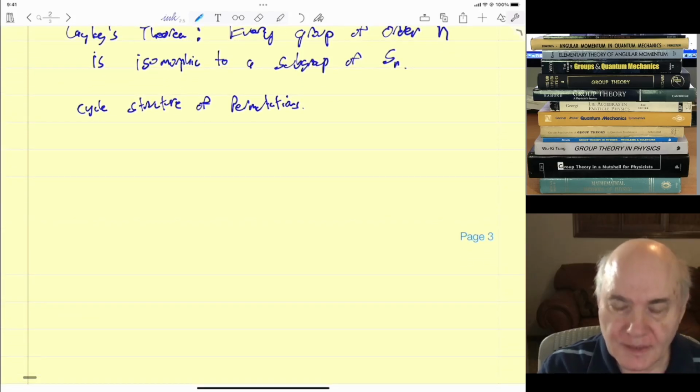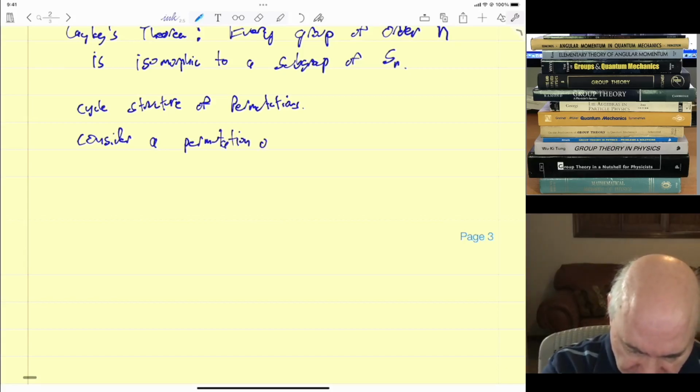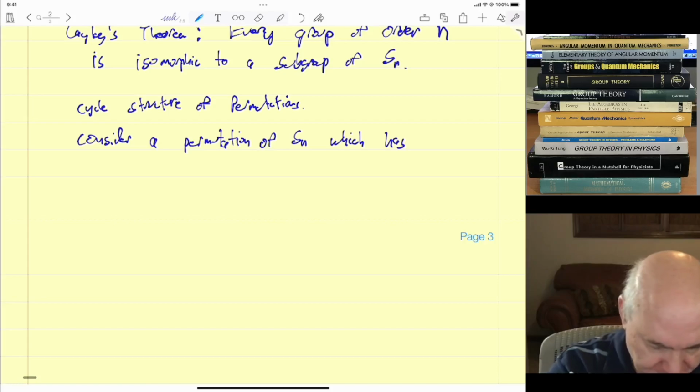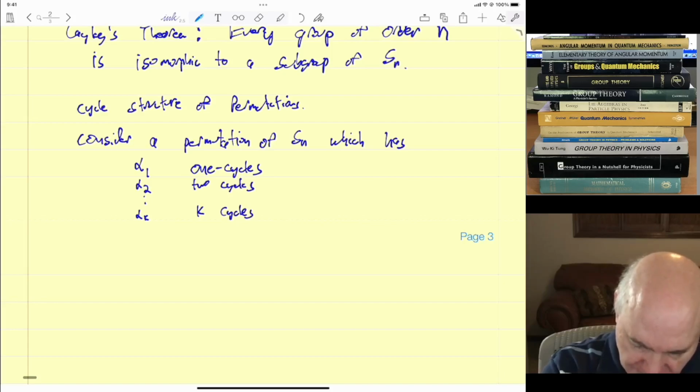So, consider a permutation of Sn which has alpha 1 cycles, alpha 2 cycles, and alpha k cycles.